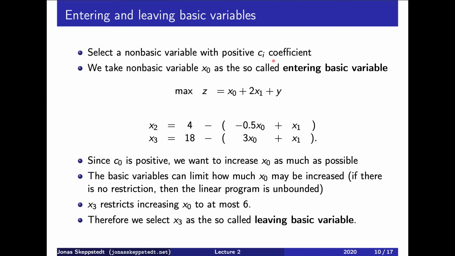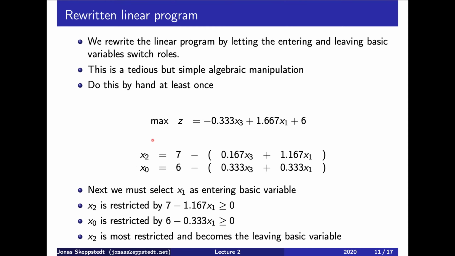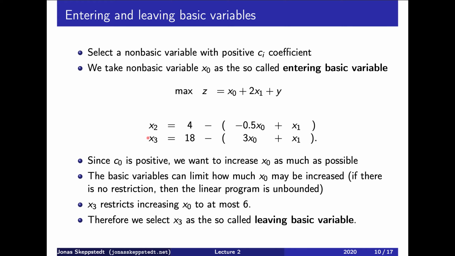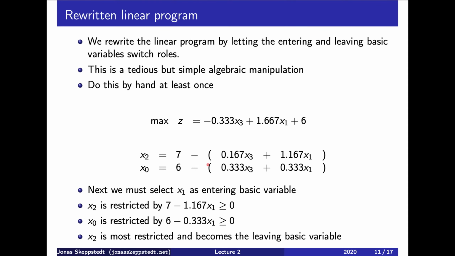Okay, so we call the non-basic variable that we selected the entering basic variable, and the one that was most limited the leaving basic variable. So what we do is to take this row and write x0 equals, we rewrite it in terms of x0 and we get this.